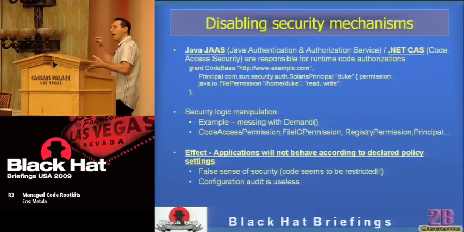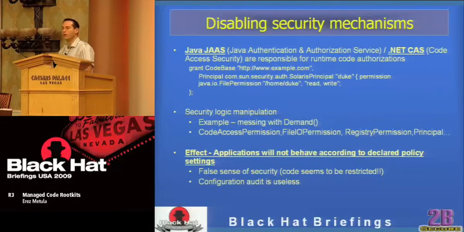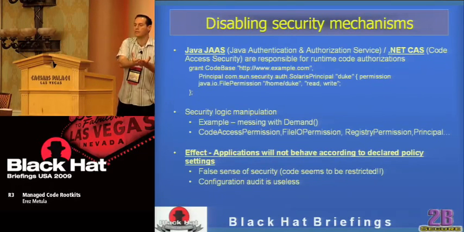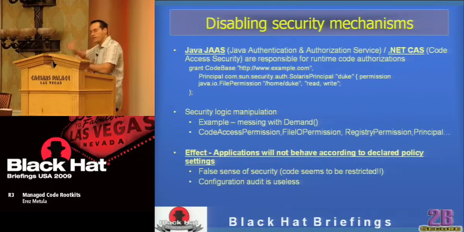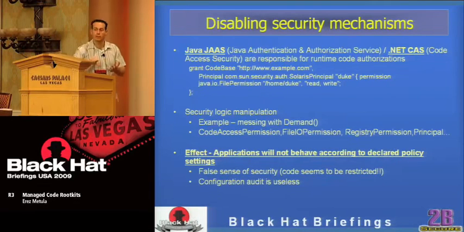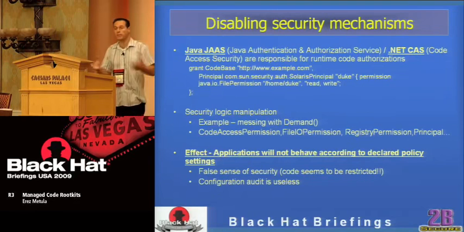Well, I can change the implementation of the code that checks this configuration, right? So if, for example, a security configuration audit is performed, the security audit will look at the configuration and it will look fine, but the application will not behave according to this configuration. The application can do things completely different.